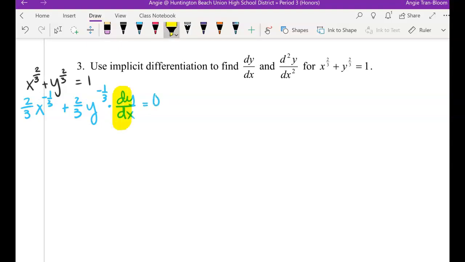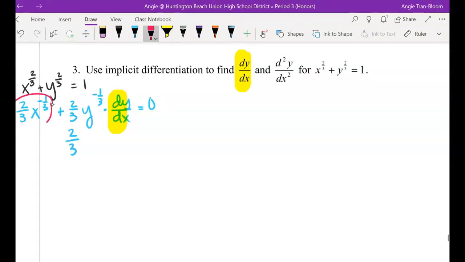Our goal is to solve for dy dx. So the first thing is I'm going to subtract the x term to the other side. I keep 2/3 y to the negative 1/3 dy dx equals negative 2/3 times x to the power of negative 1/3.